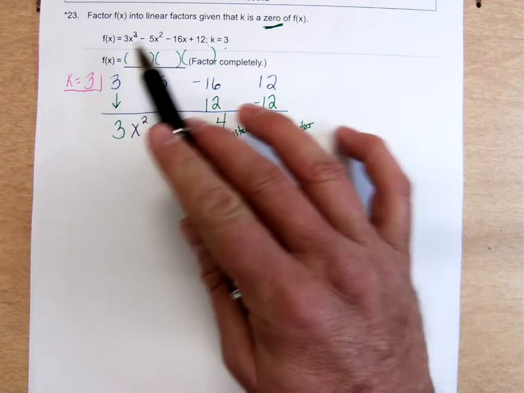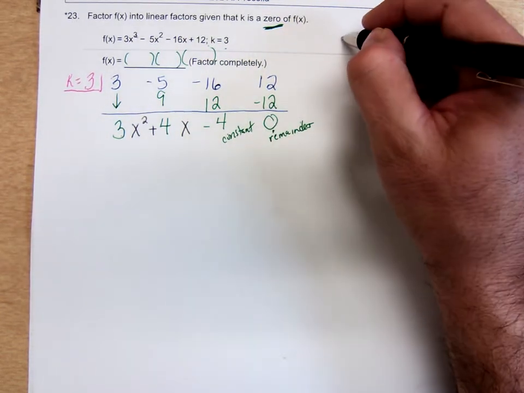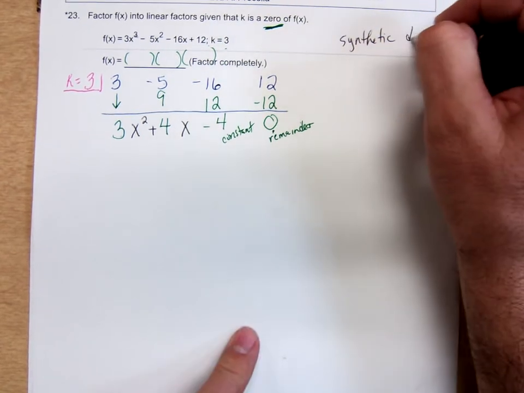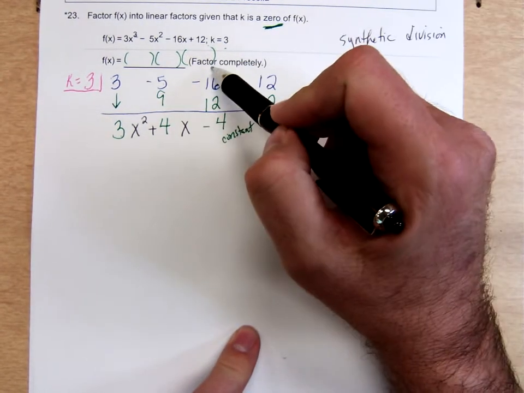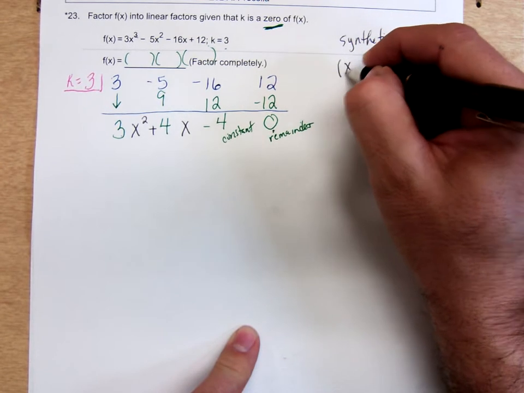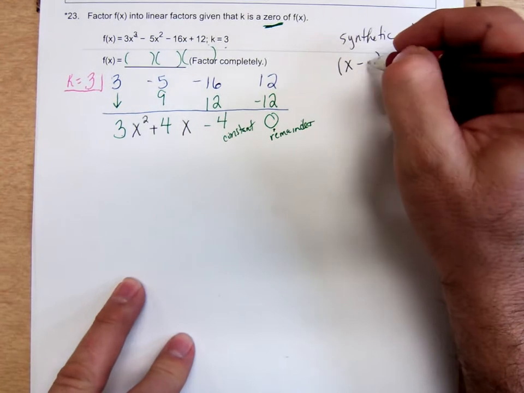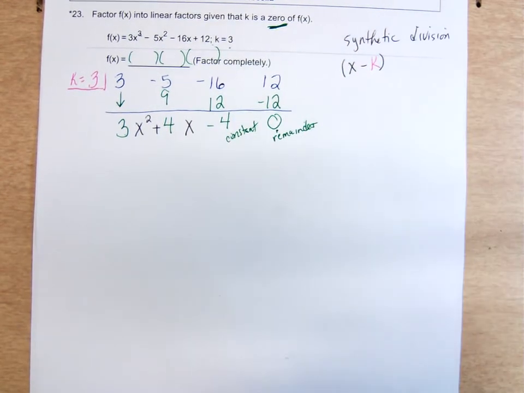So we were going to write out a strategy on how to do this problem. You first do synthetic division. Now your answer is going to have 3 sets of parentheses. One of those sets of parentheses is x minus k, is always one of the sets of parentheses. I always write that one first. There's no reason you have to.